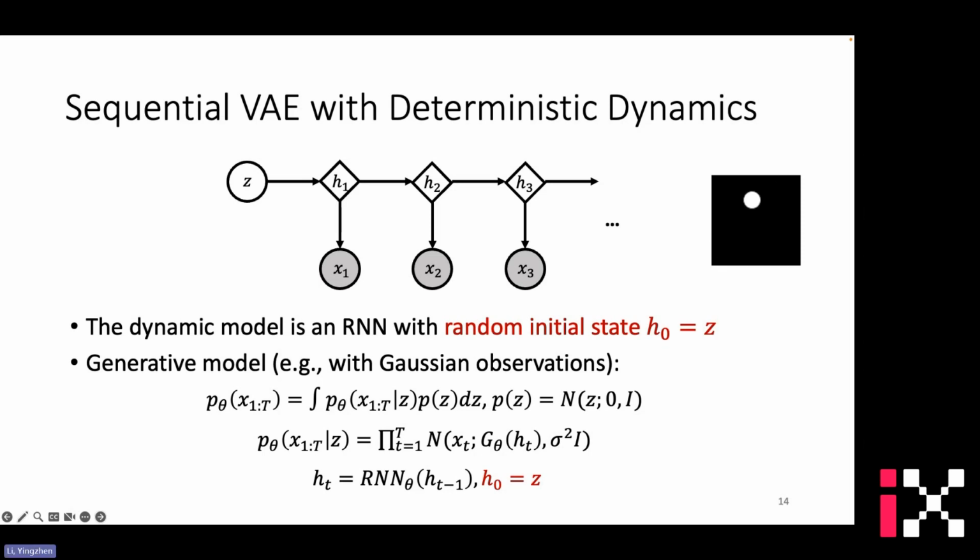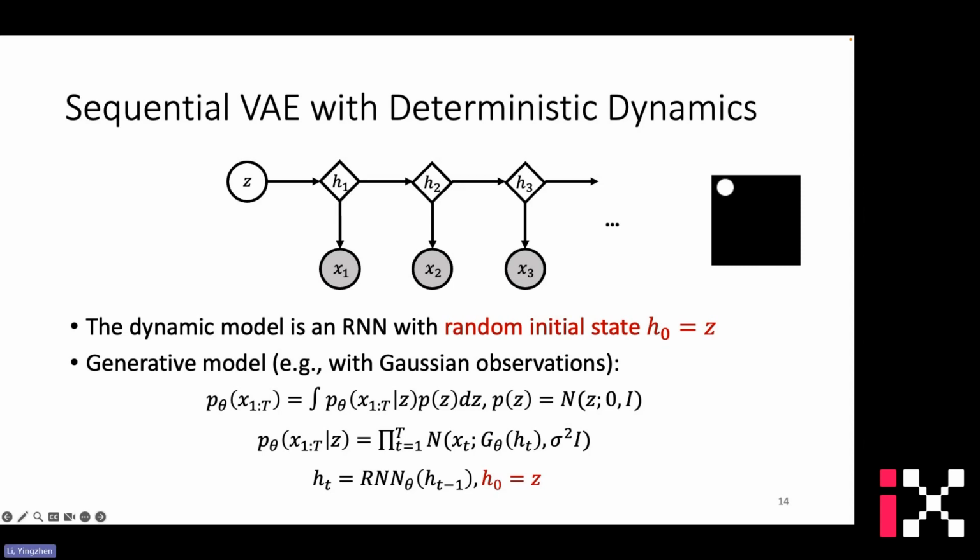This is what I meant by deterministic dynamics: once you know the initial conditions, the entire trajectory is determined. But if you want to generate different bouncing ball videos, you need to shuffle around different initial conditions, and that's why we have this latent variable z, telling you the initial condition is random.